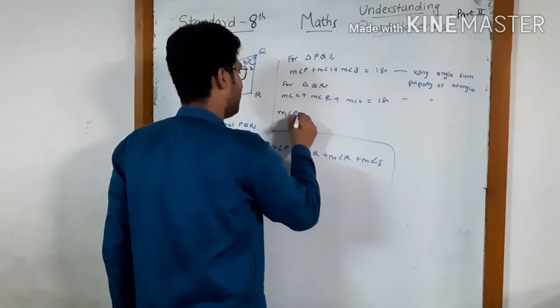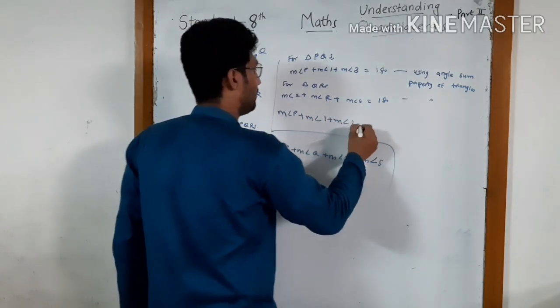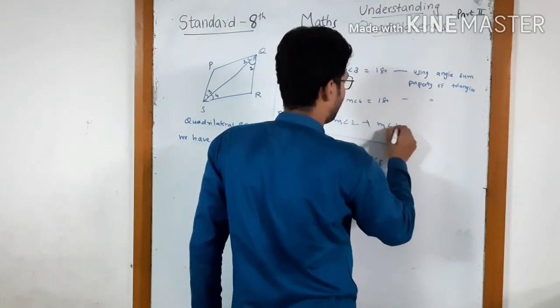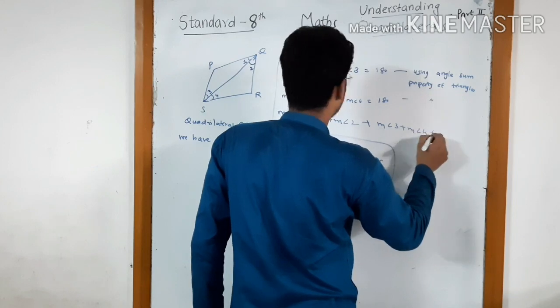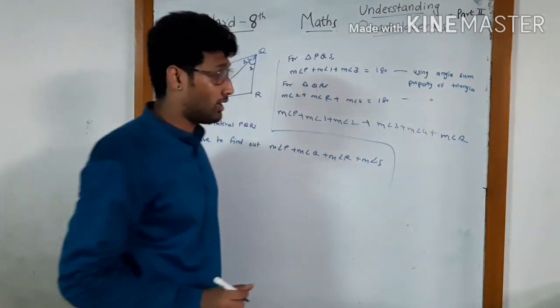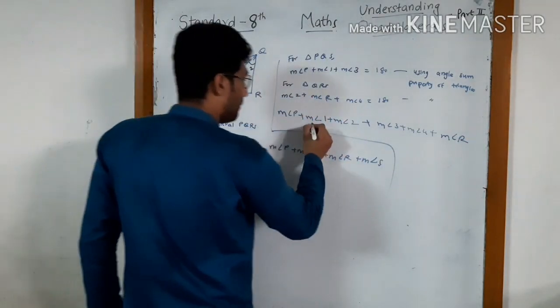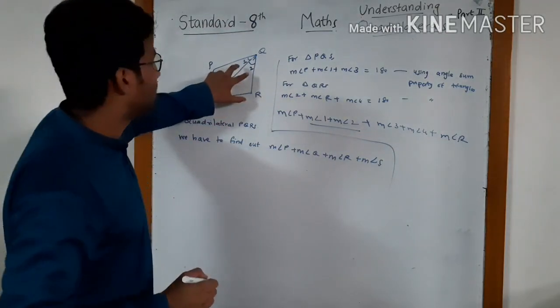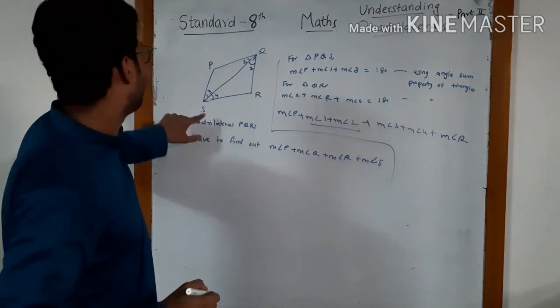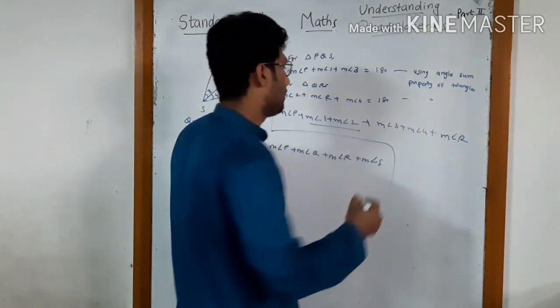Measure angle P plus measure angle 1 plus measure angle 2 plus measure angle 3 plus measure angle 4 plus measure angle R. Now measure angle 1 plus measure angle 2 is measure angle Q. And measure angle S is equal to measure angle 3 plus measure angle 4.